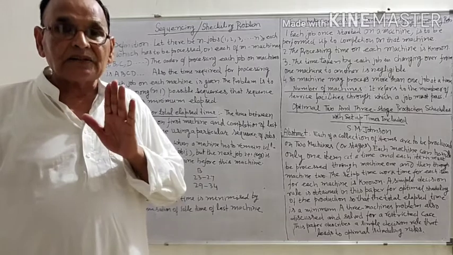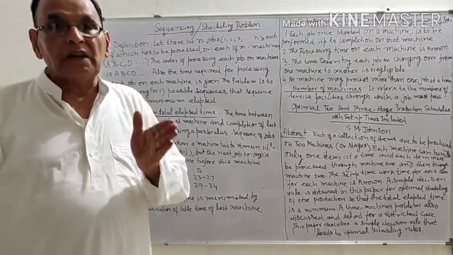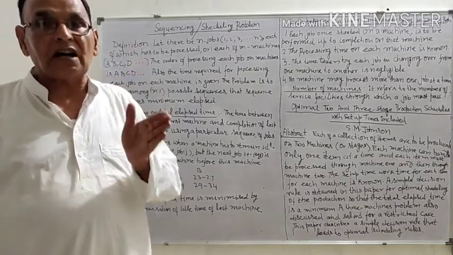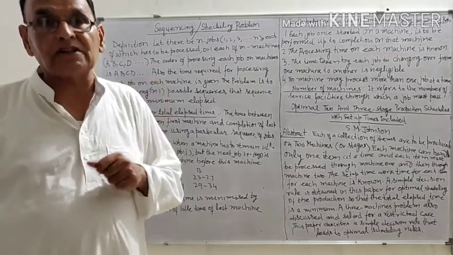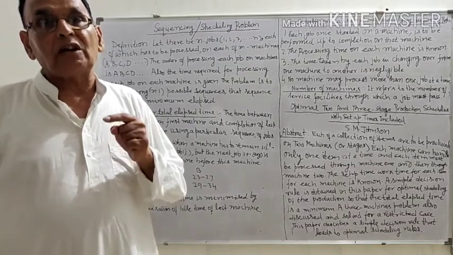The total elapsed time, as I explained, is the time between the start of first job on first machine and the completion of last job on last machine.